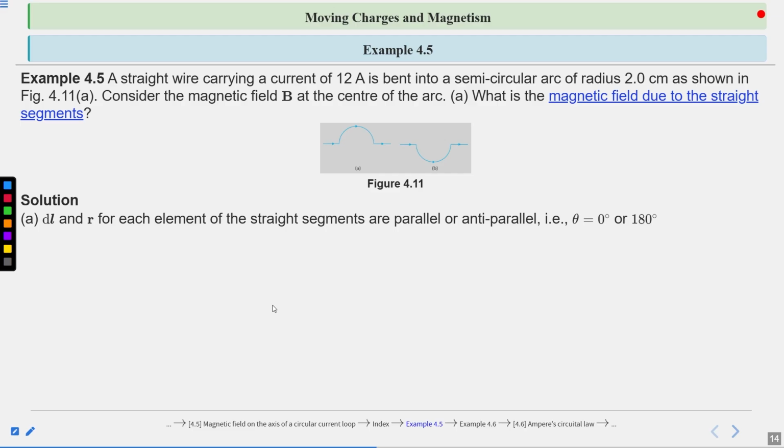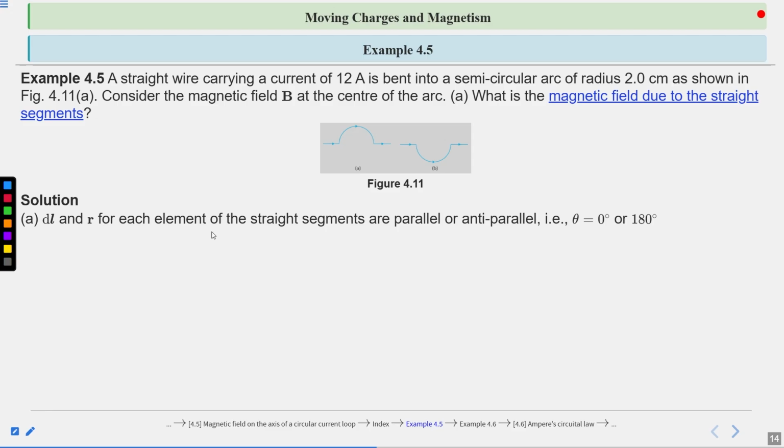If we are considering some small dl element on the straight segments, at the ends of this loop, and from the center we draw a displacement vector to this dl, then the direction of dl and the direction of this position vector will be parallel for this segment and anti-parallel for the other segment.